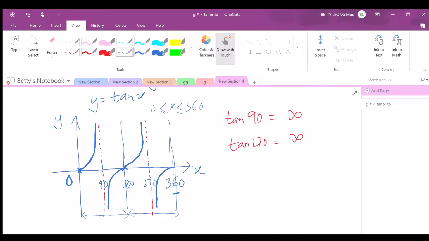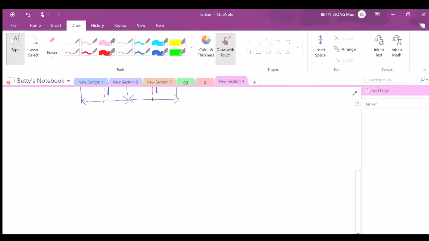So this is the basic graph. You have to remember the 90 and 270 is the infinity line. Okay, now with that knowledge, we can do tangent 2x. Before you can draw, you must find the period first.